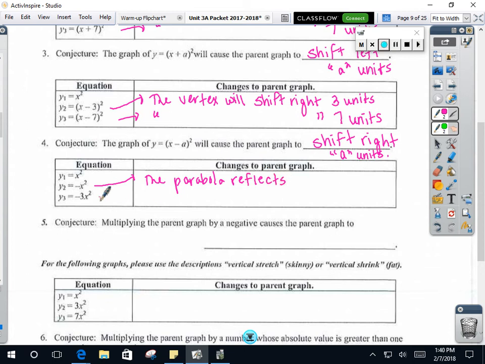And then with the negative 3x squared, the parabola reflects and stretches vertically. I'm just going to abbreviate vertically by a factor of 3.